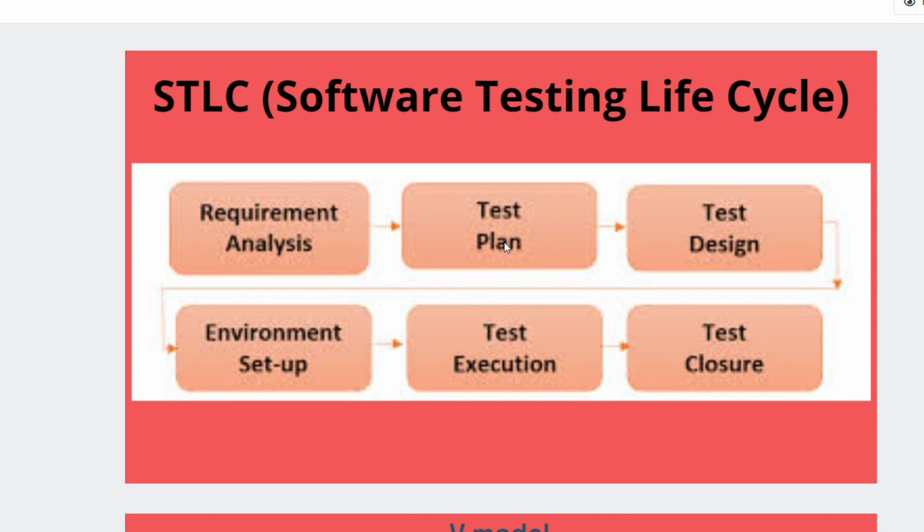There are a lot of things that will be covered during the test plan, so we need to finalize these during test planning. We will cover the test plan separately in one session, like what exactly is included in the test plan and how to create it.